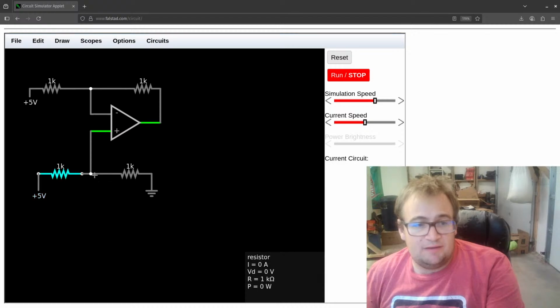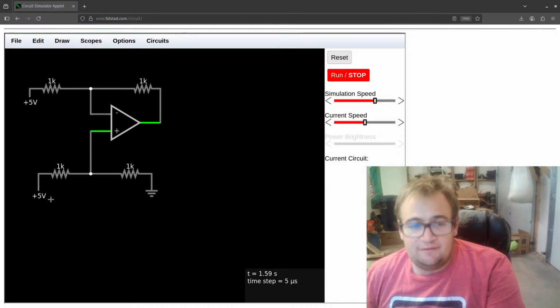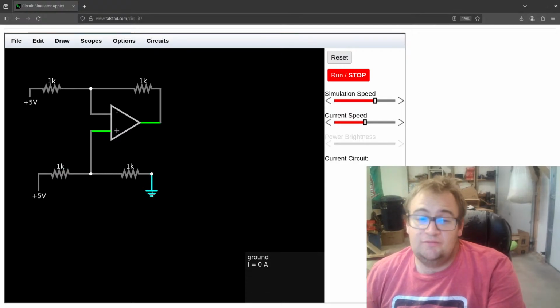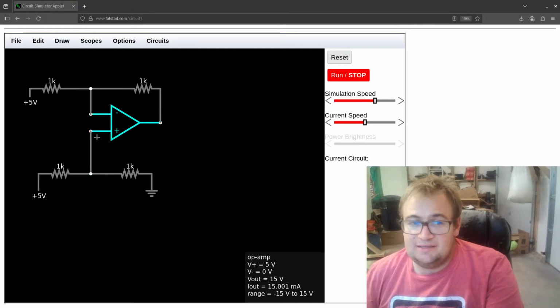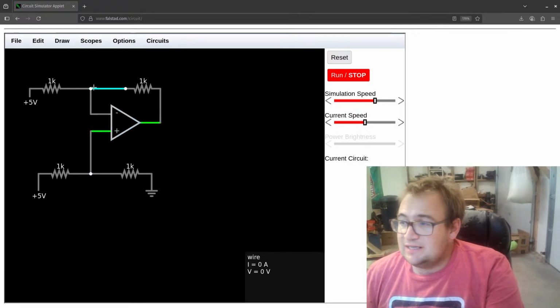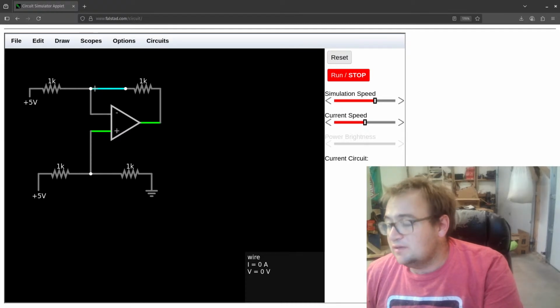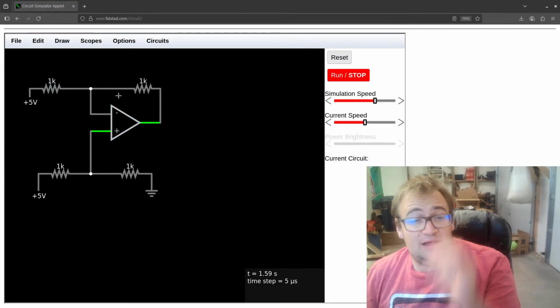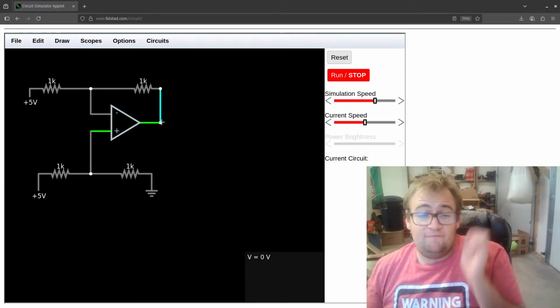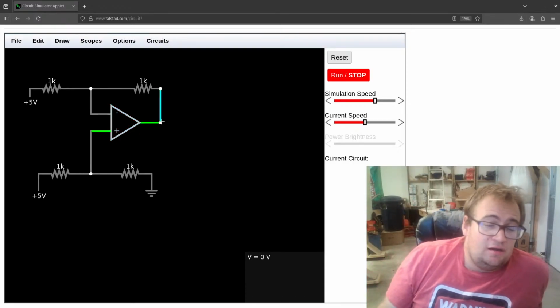So because we have two 1K resistors here and 5 volts there, that means 2.5 milliamps will be flowing through here, and that means 2.5 volts will be dropped here. That means 2.5 volts has to be here, which means that it's just going to be 5 volts out of here.